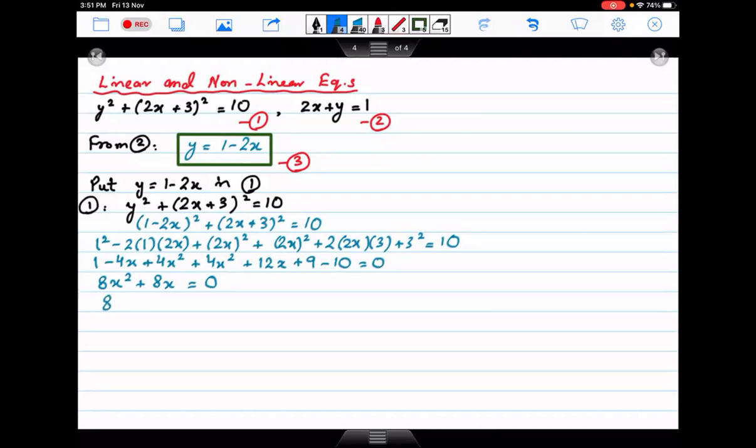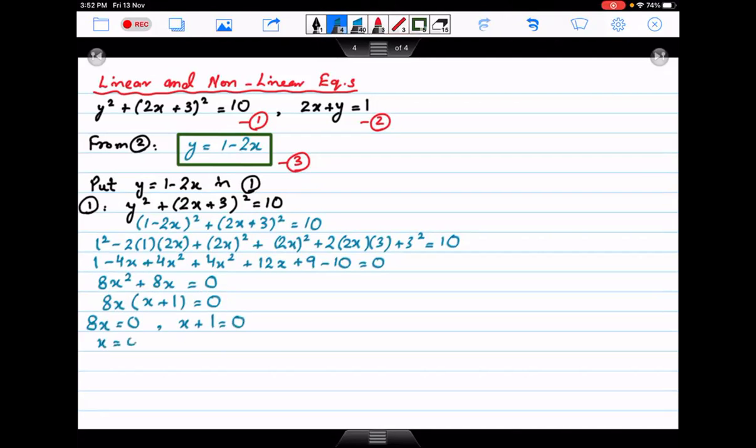I can take common 8x, so it should become (x + 1) equals to 0. Now we have two brackets giving value equals to 0. So when we have two values giving equals to 0, we take both of them one by one equals to 0. So it should be 8x equals to 0 and x plus 1 equals to 0.